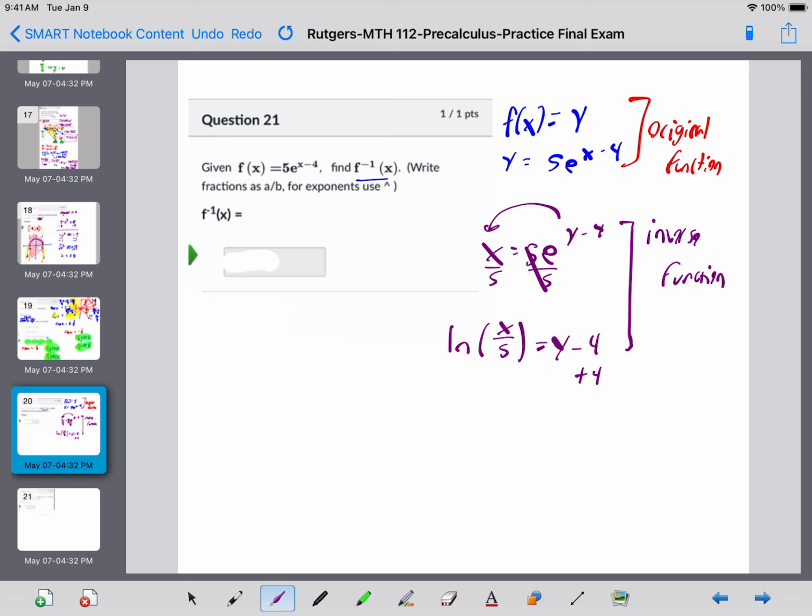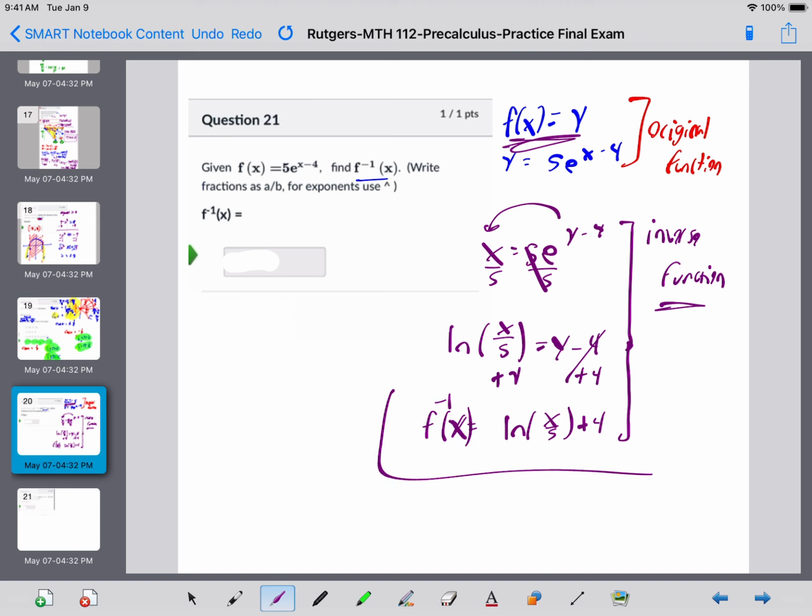Add the 4 to both sides, and we get y equals ln of x over 5 plus 4. But remember, this is your inverse function, not your original. So rather than calling it f of x, we're going to call it the inverse of f of x. And that is your answer, ln of x divided by 5 plus 4. Okay?